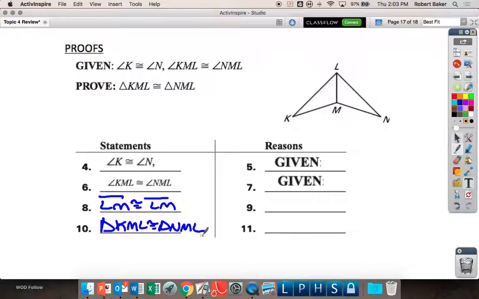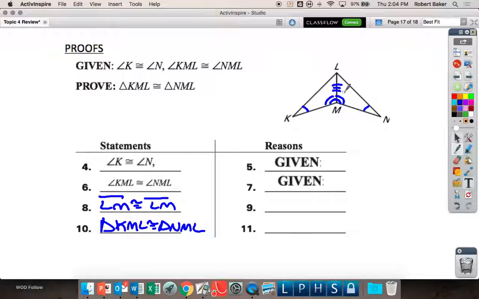So angle K and angle N are the same. That's good to know. Angle KML, that's this angle right here, is congruent to angle NML, that's this angle right here. And then the test told you that LM is congruent to LM, so you want to mark that as well.